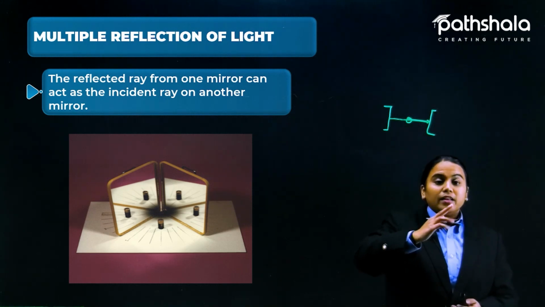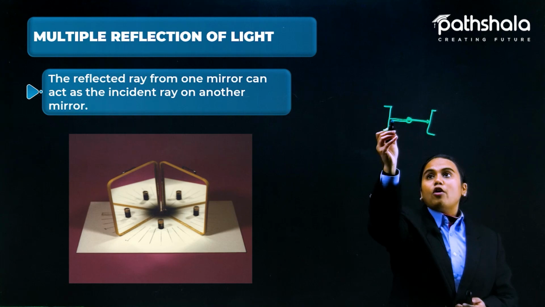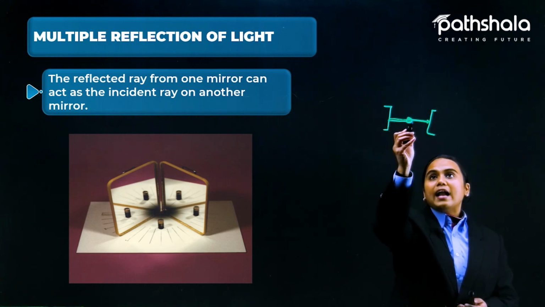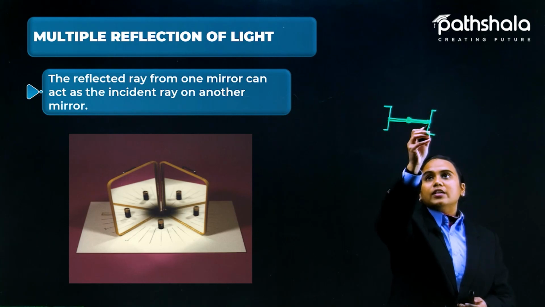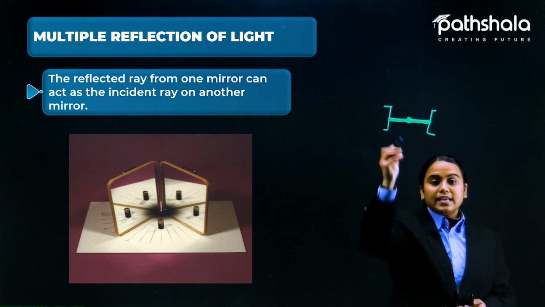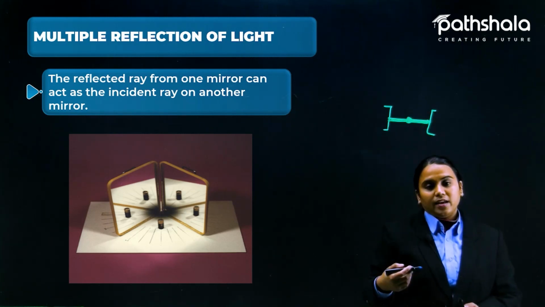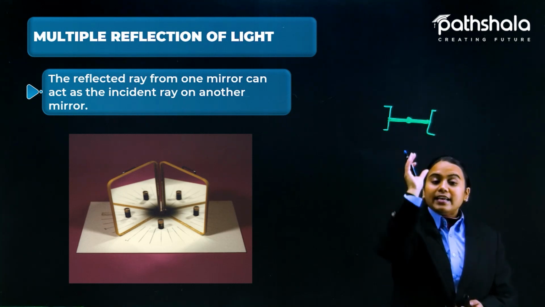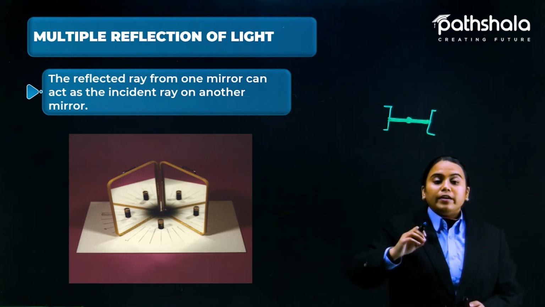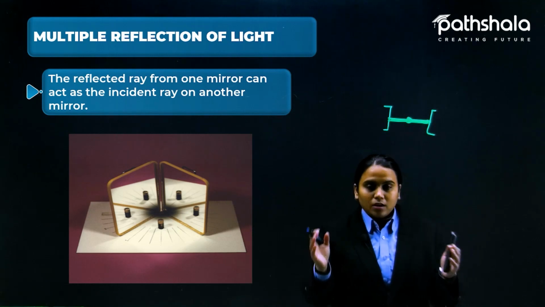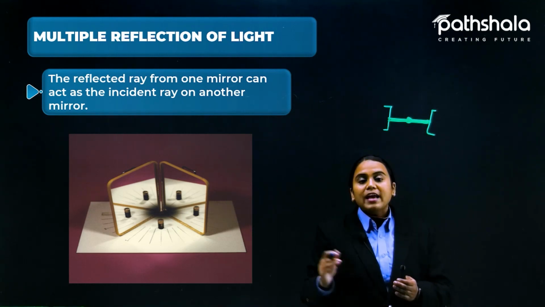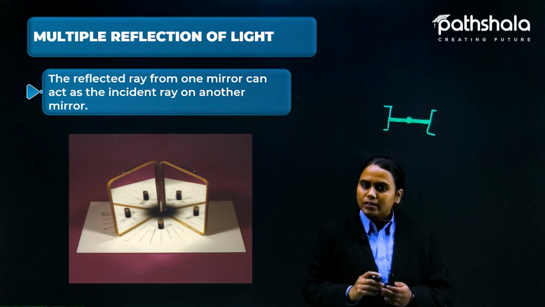Okay, and the earlier incident light now falls back and is again reflected here. So this reflection and incidence is going on again and again, and that will give many images. Okay, but why have we seen only 4 images here then?